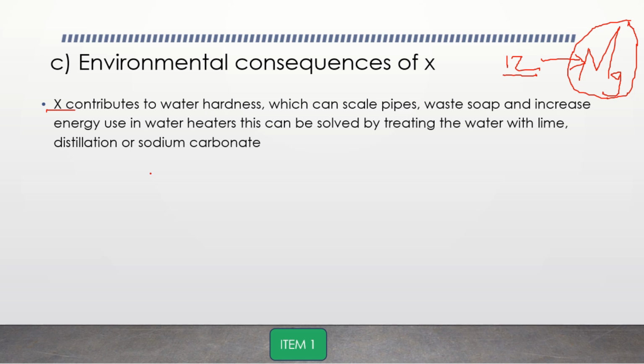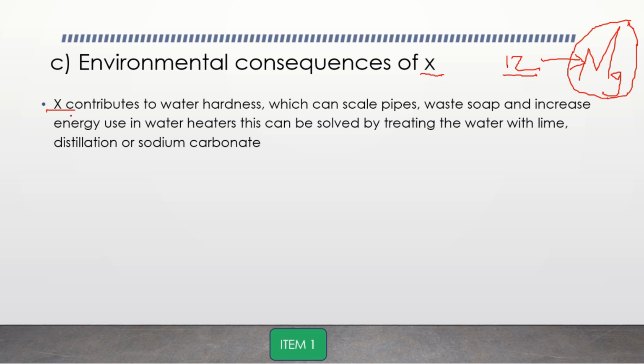Why? The question asked for the environmental consequences of X. So why talk about magnesium yet they talked about X? Knowing magnesium, just keep it at your heart, because it is what will help you give these environmental consequences. Where you would mention magnesium, just mention X, unless they had told you. Okay, so we have known that it is magnesium.